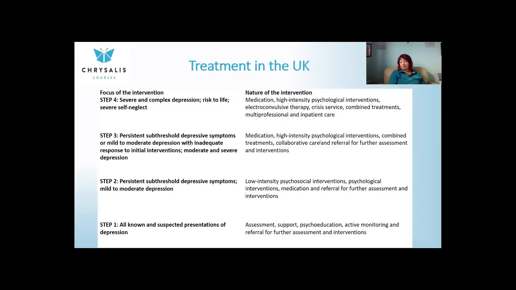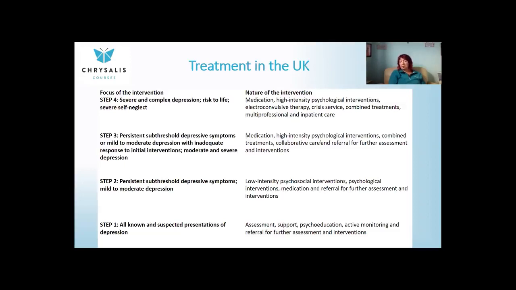Step 3, persistent depressive symptoms or mild to moderate depression with inadequate response to initial interventions or moderate and severe depression, then the nature of that intervention is medication, high intensity psychological interventions, combined treatments, collaborative care and referral for further assessment and interventions.